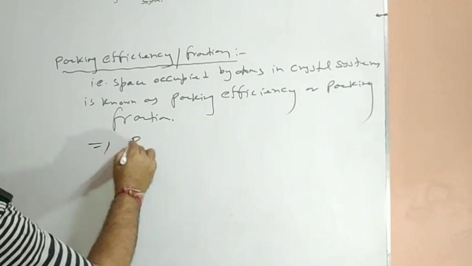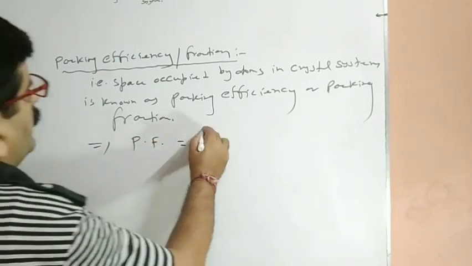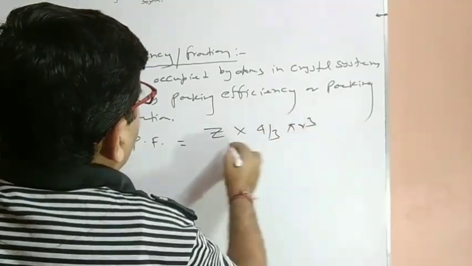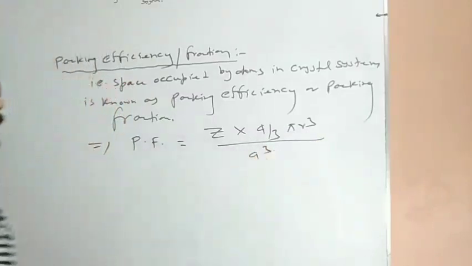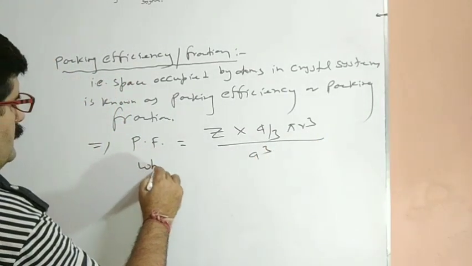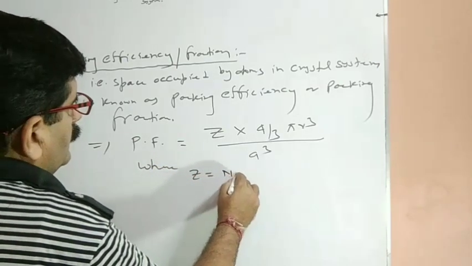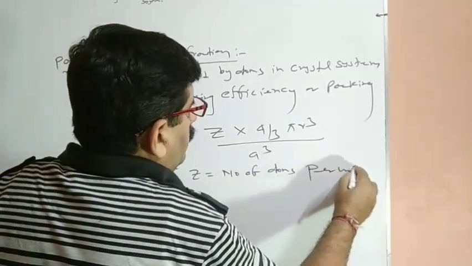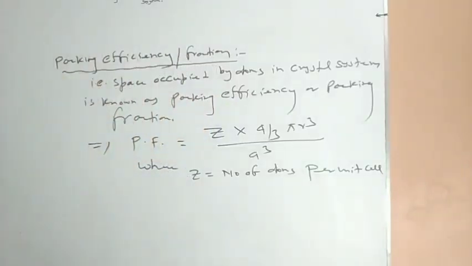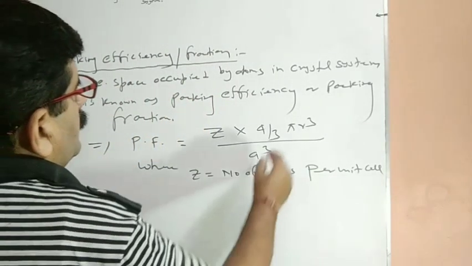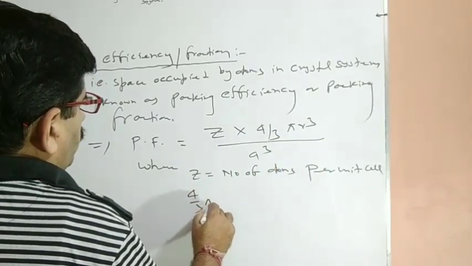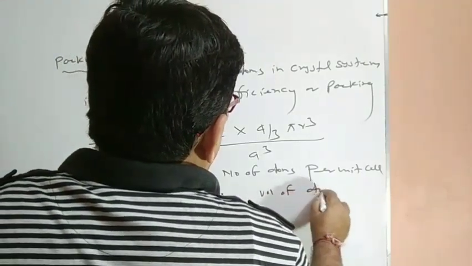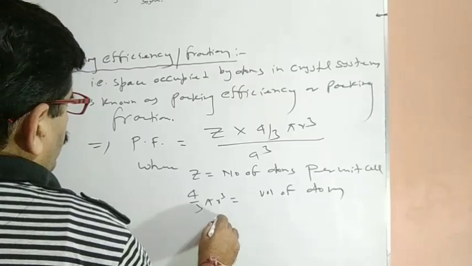Mathematically, packing fraction can be determined with the help of the formula: Z into 4 by 3 pi r cube divided by a cube, where Z is equal to the number of atoms per unit cell. 4 by 3 pi r cube is equal to what? Volume of atom. a cube is equal to what?